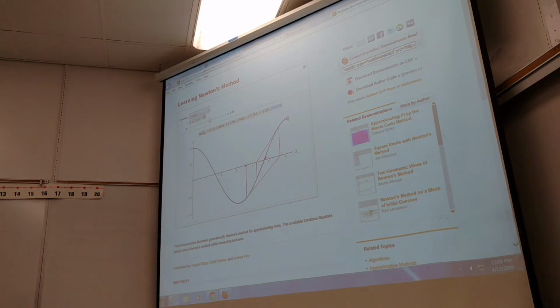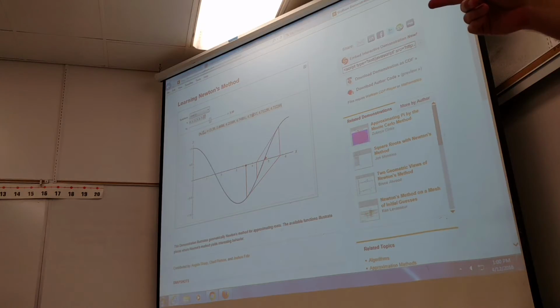Are you guys semi with me? Okay. So it's not too freaky. It's not too bad. So here's how it's going to work in real life. Now, obviously, there's a lot of math behind this. How did you draw the tangent from your guess? That's what we're about to get into.